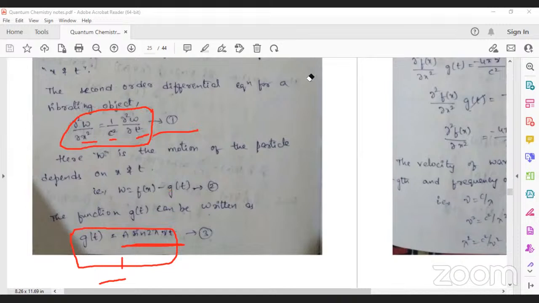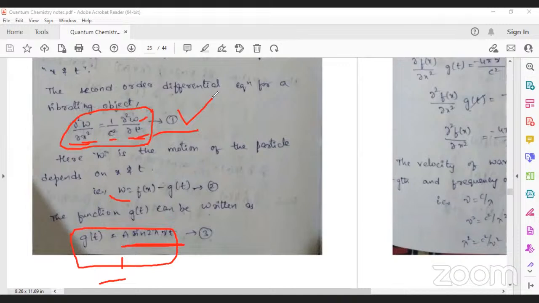We are going to substitute the terms in that first equation. We differentiate W with respect to X 2 times. Again, W we differentiate with respect to time 2 times. Then that result will be substituted in this equation and we will get the Schrodinger wave equation.